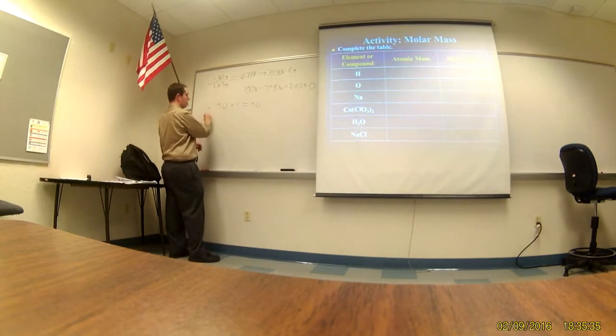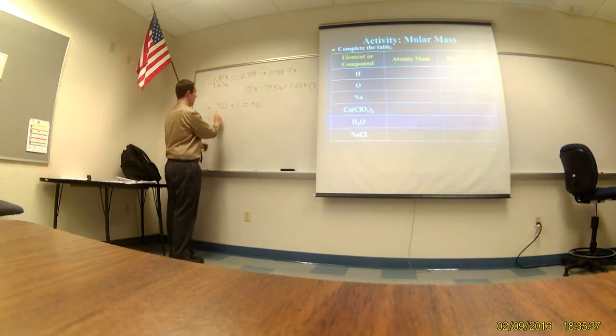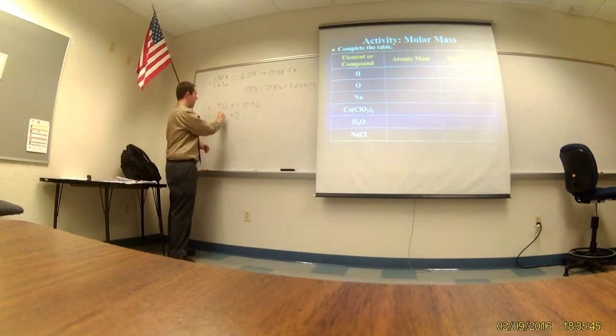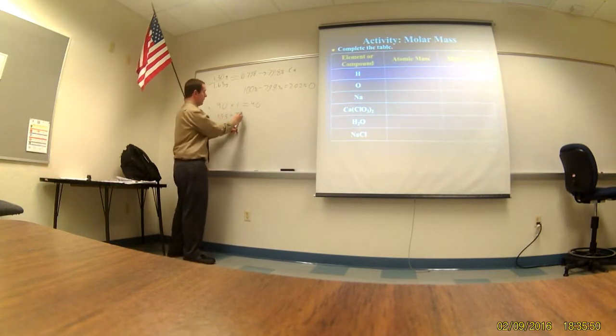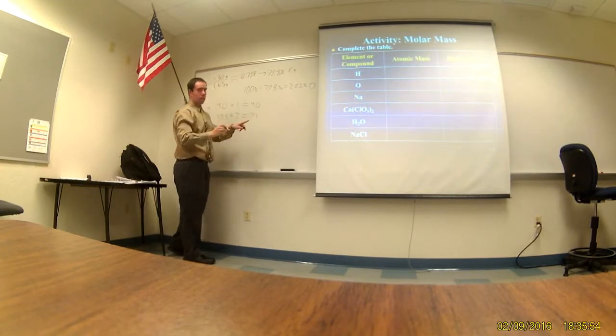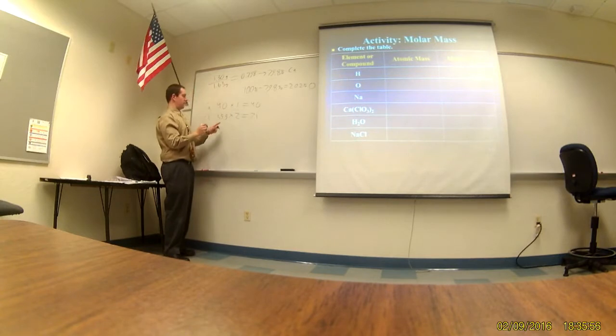And then we've got chlorine. There are 2 of them. What is the mass of chlorine? 35.5. 2 times 35.5 equals 71, correct? Yes.